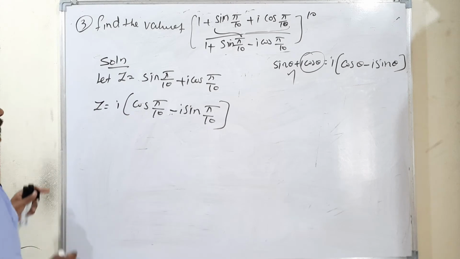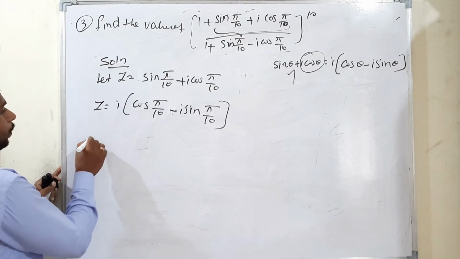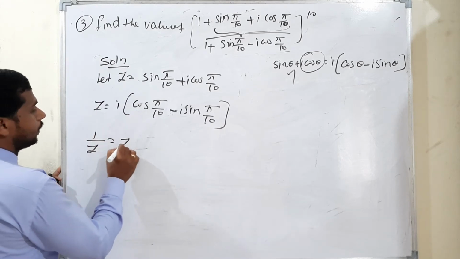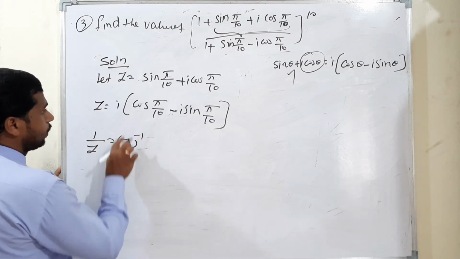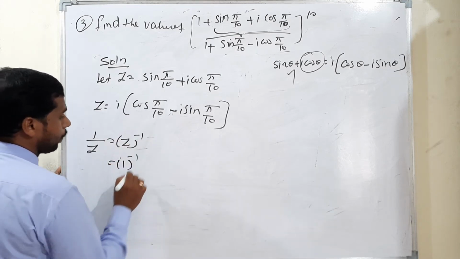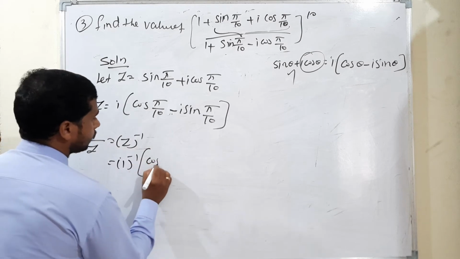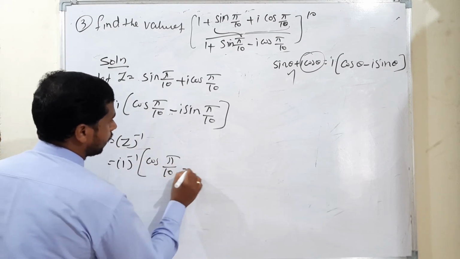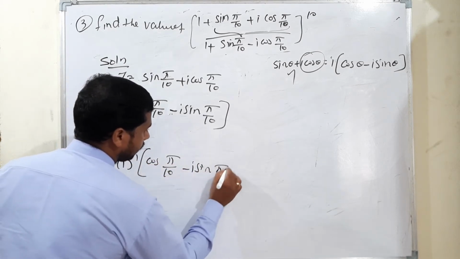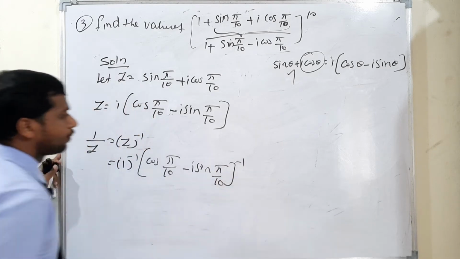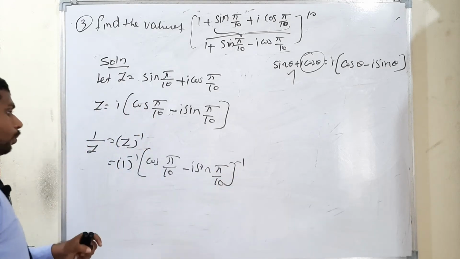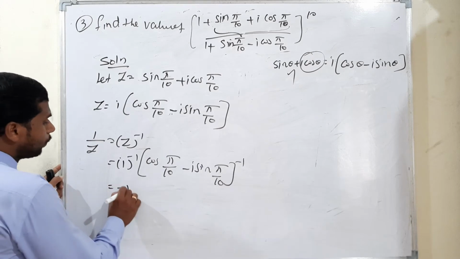Now if you take the reciprocal, 1 by z means z to the power of minus 1. What is the value? i to the power of minus 1 times cos pi by 10 minus i sin pi by 10, the whole power of minus 1. Now, i to the power of minus 1 means the value will be minus i.